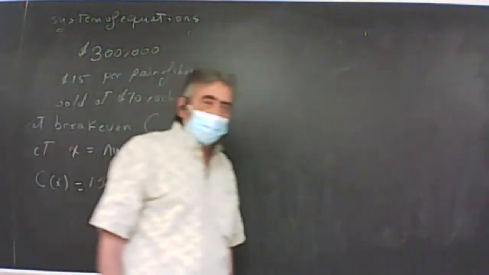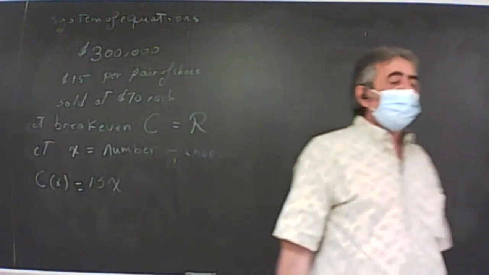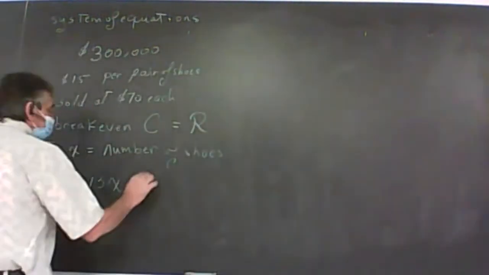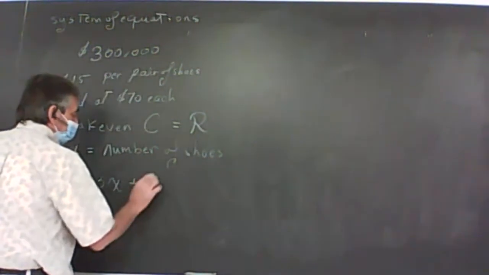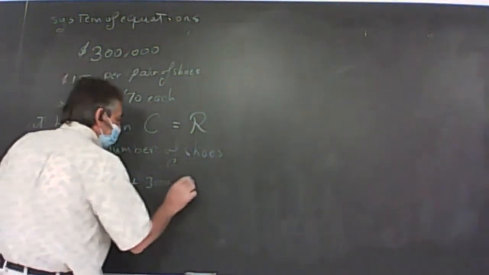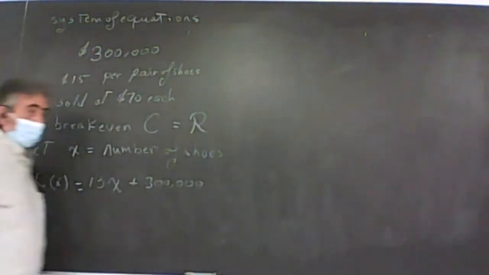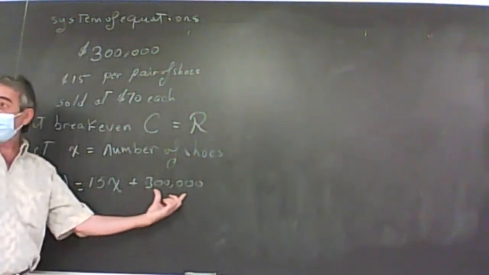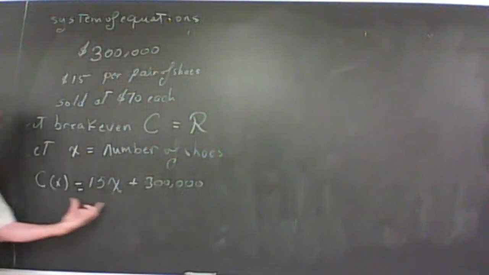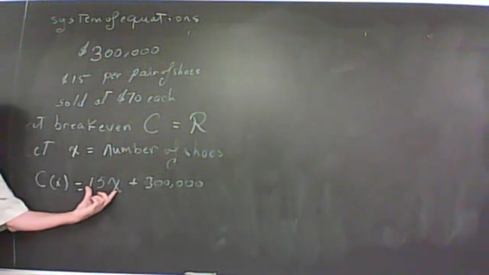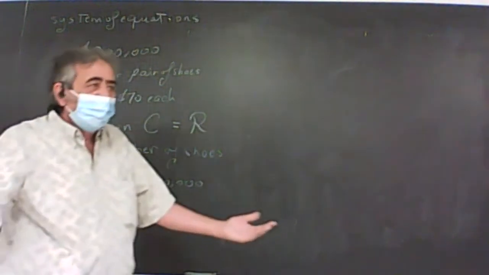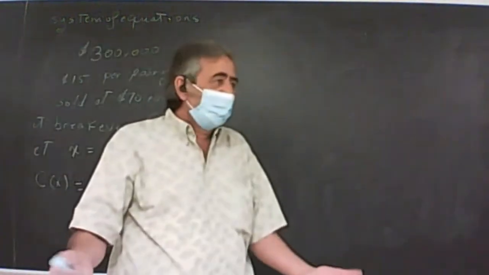Is that all the cost the company paid? Plus what? Plus the 300,000 initial cost. Yes? So this is what we call your fixed cost. This is the cost to start, and this is your variable cost. Why is it variable cost? Because it depends on how many shoes you make, and it changes, right?